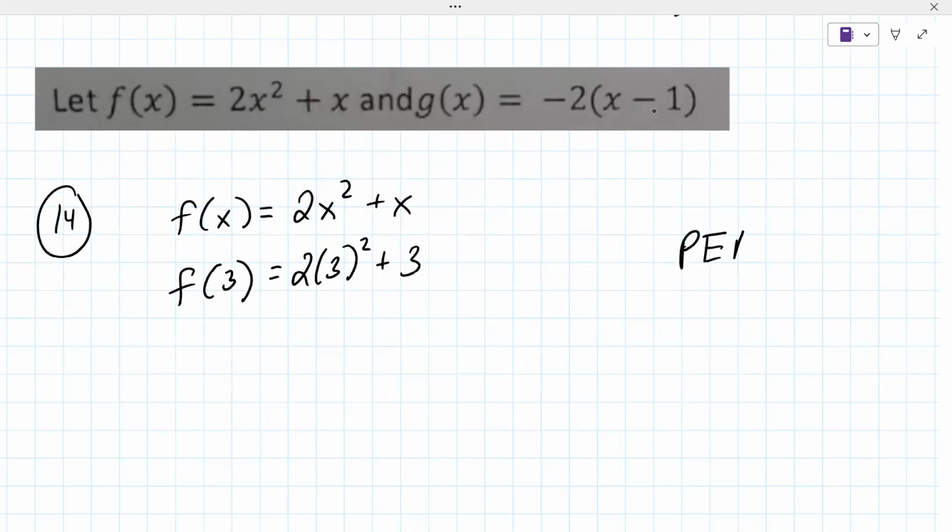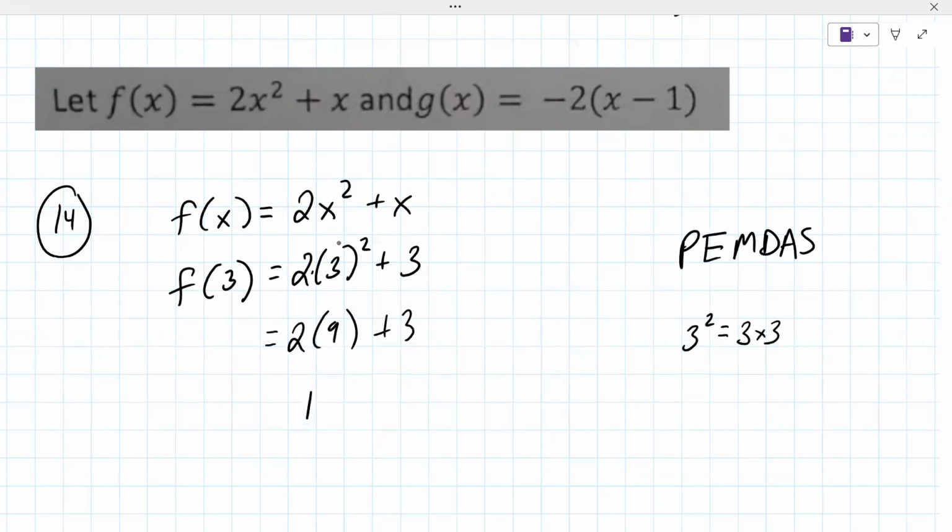Order of operations means you do the exponent before you multiply. So what is 3 to the power of 2? It is 9, so it's 2 times 9. What is 2 times 9? 18. Plus 3 is 21.